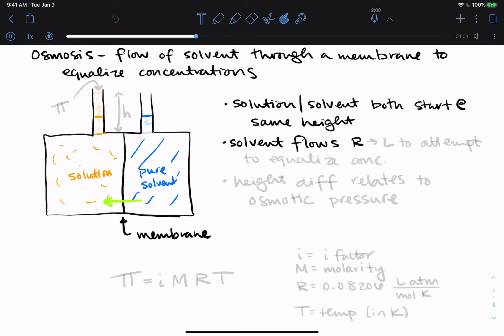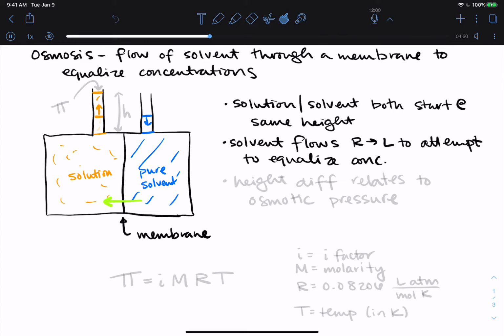So it flows right to left to attempt to equalize concentration. So this level would go down and this level would go up.